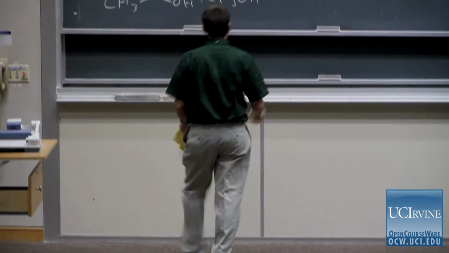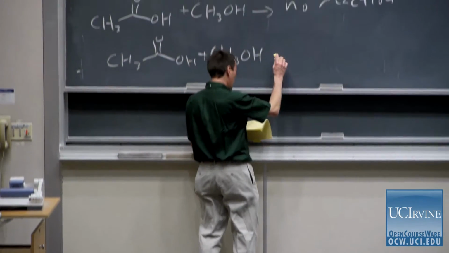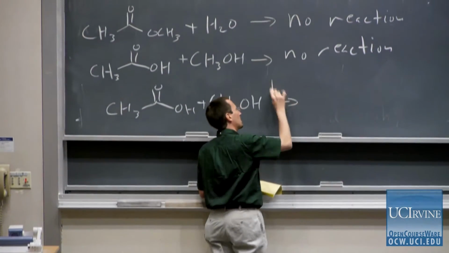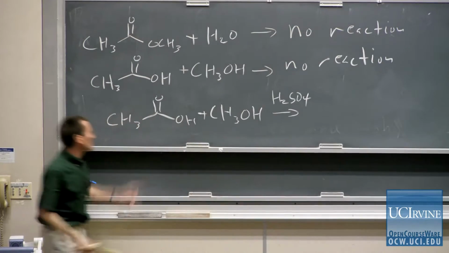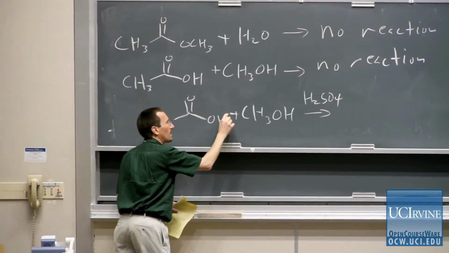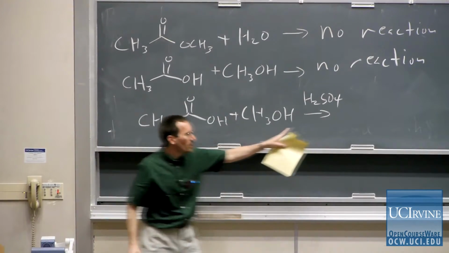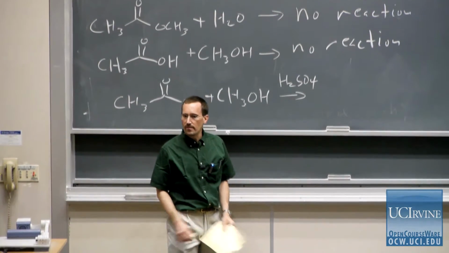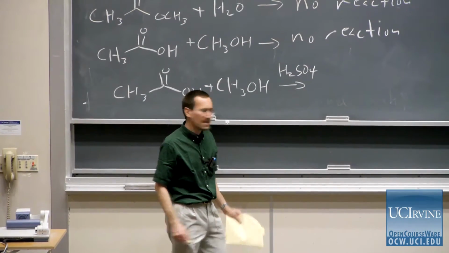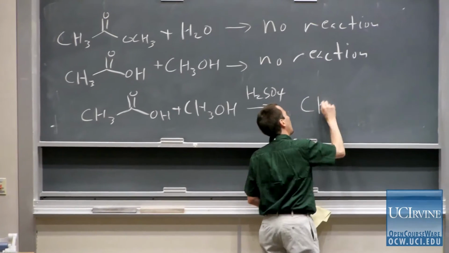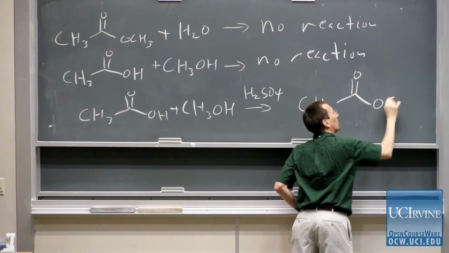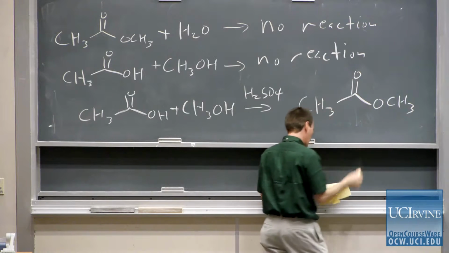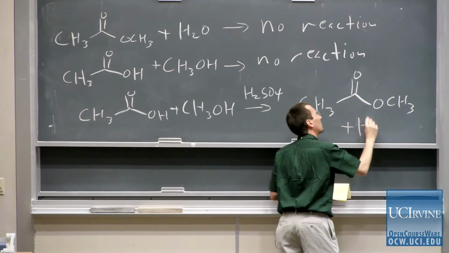In other words, you protonate it in the presence of a very strong acid. So I could write that if I take acetic acid and mix it with methanol in the presence of sulfuric acid, I get methyl acetate, and I get a molecule of water.